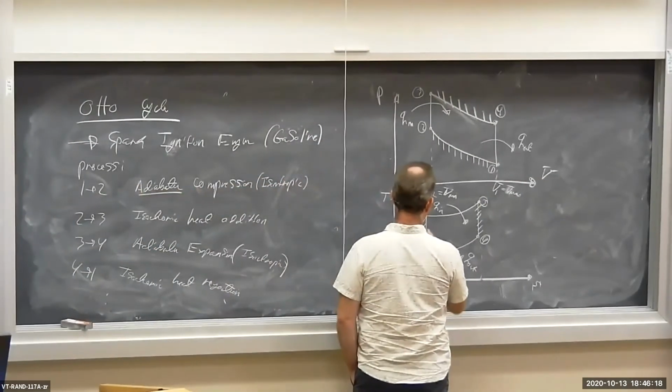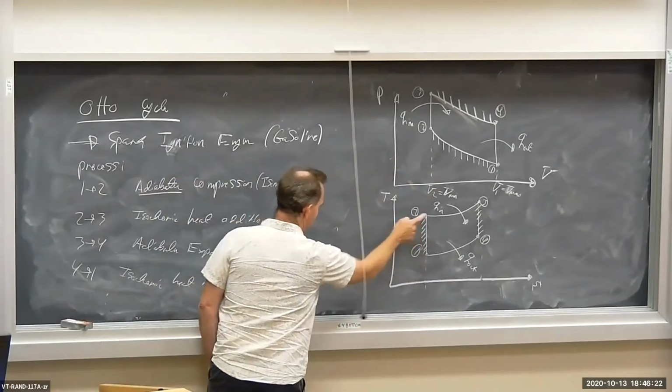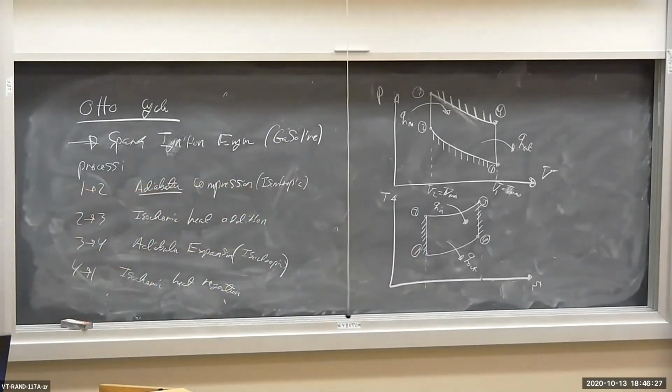Process 1 to 2 is adiabatic and reversible, therefore an isentropic compression. If it's isentropic, I can use a property relationship here.